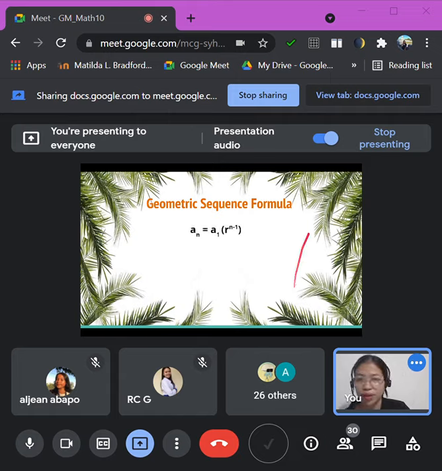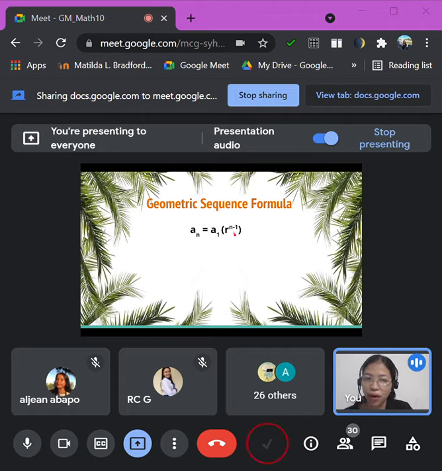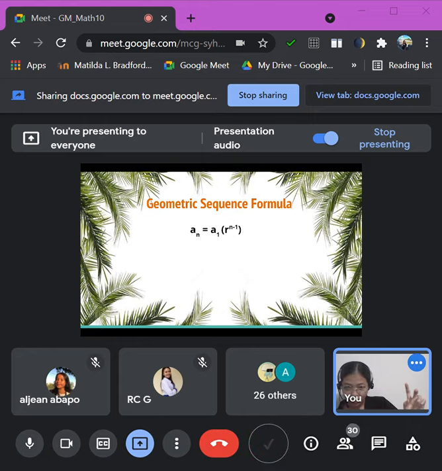We have here our a sub n is equal to a sub 1 quantity r raised to the power of n minus 1. Okay, remember that is our formula for the geometric sequence to find the n terms.